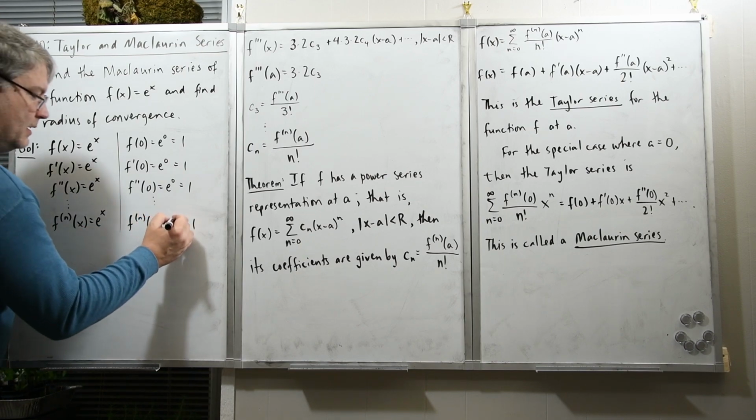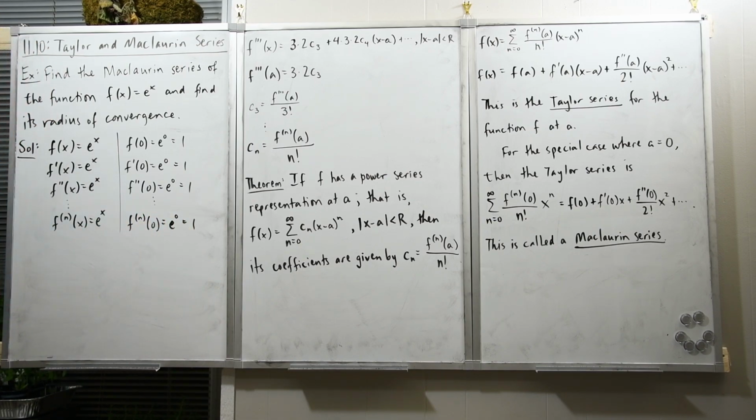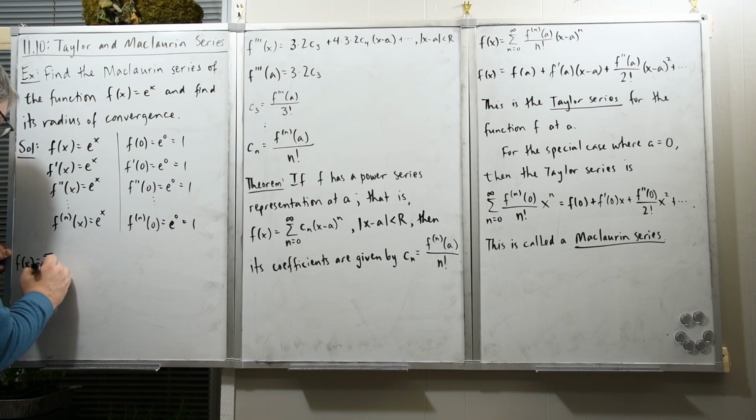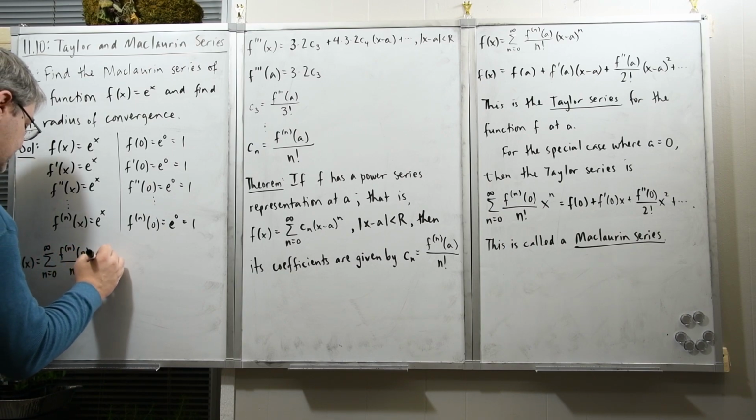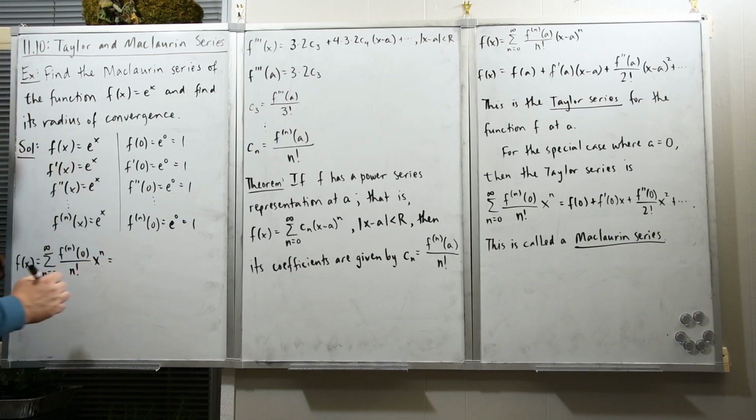So that's pretty neat, because notice that the representation that we have for the Maclaurin series is f of x is equal to the summation n equals 0 to infinity, nth derivative of f at 0 over n factorial times x to the n. But we know that the nth derivative of f at 0 is always going to be equal to 1.